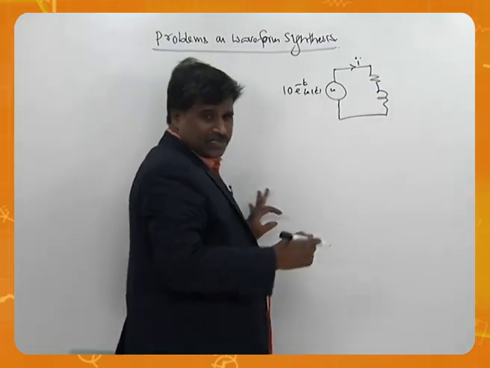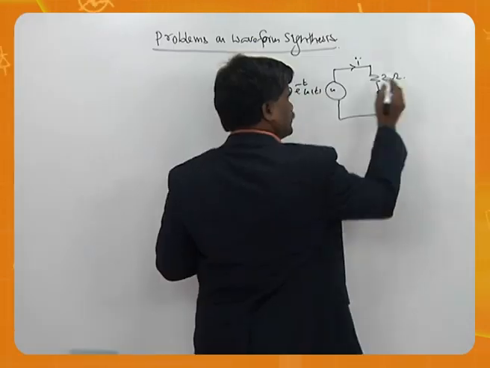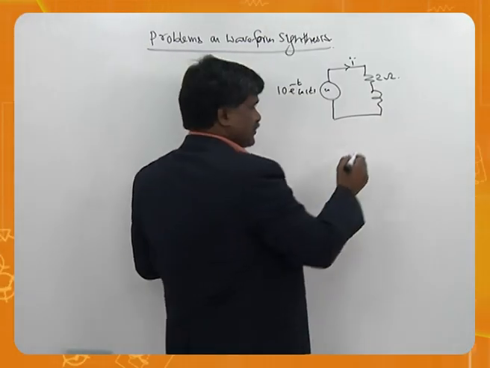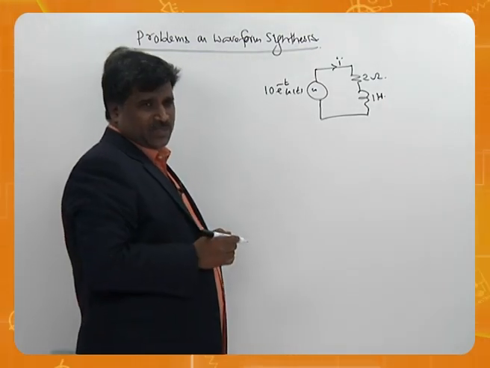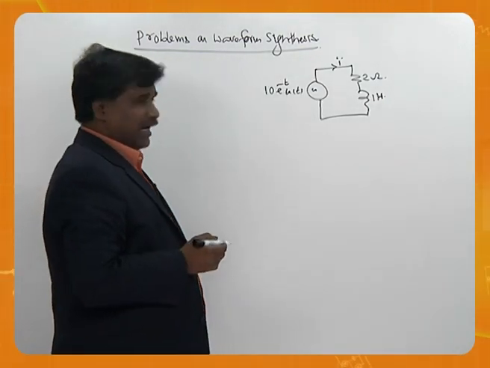Our resistance is given as 2 ohms. Inductance is given as 1 Henries. That's the circuit. So we have to calculate I of s.